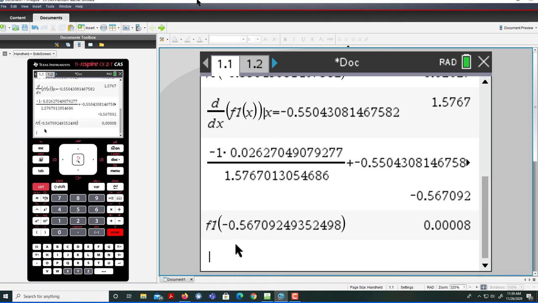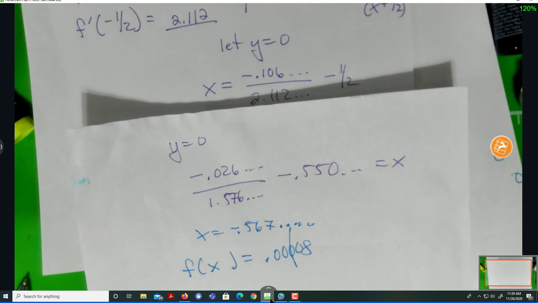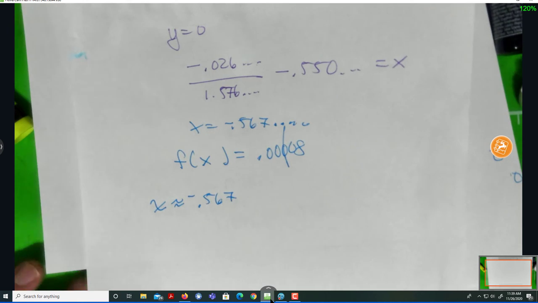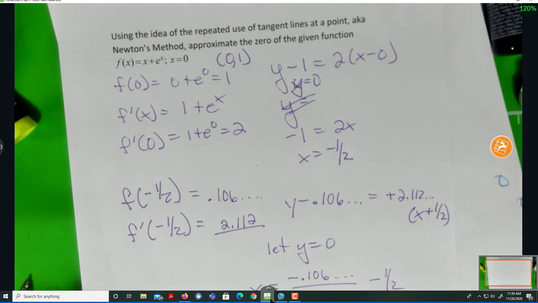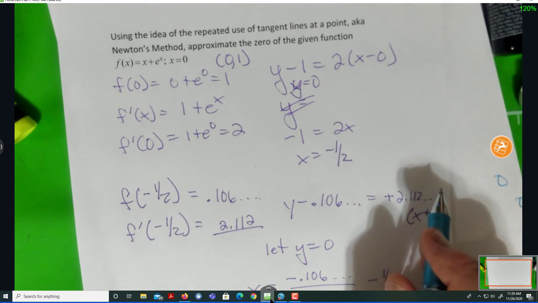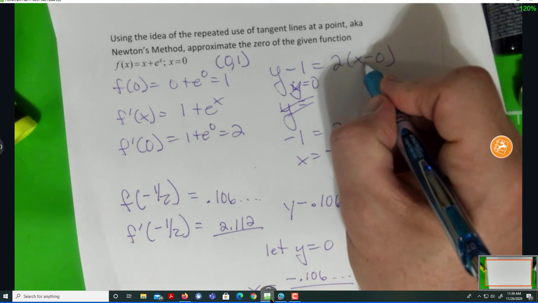Now I'm going to go back and show you some notation that people normally do. Normally what people do, because this is numerical techniques, here this would be x1.